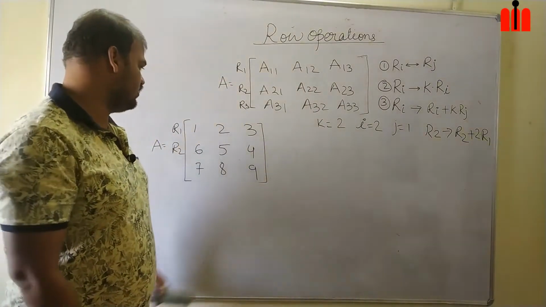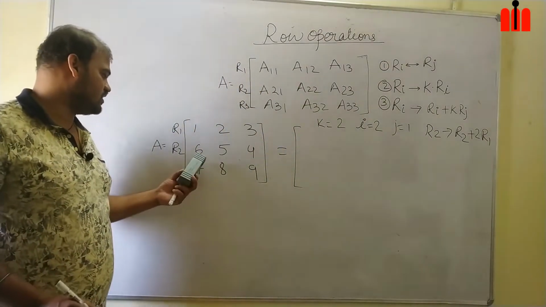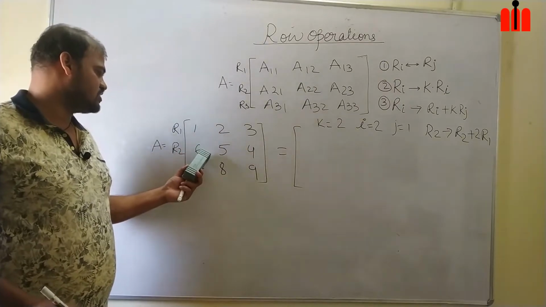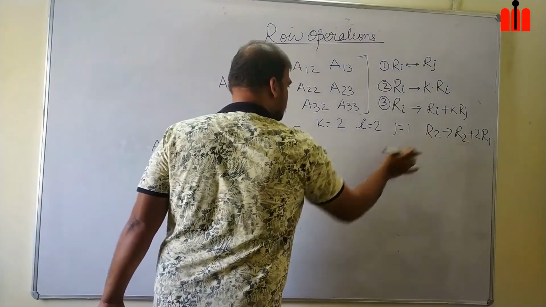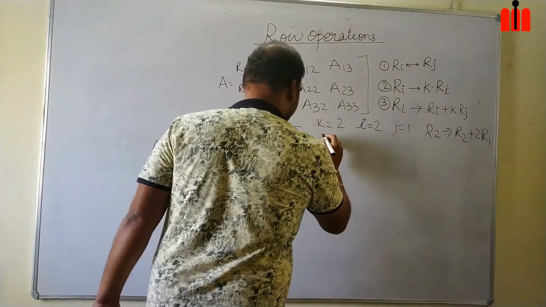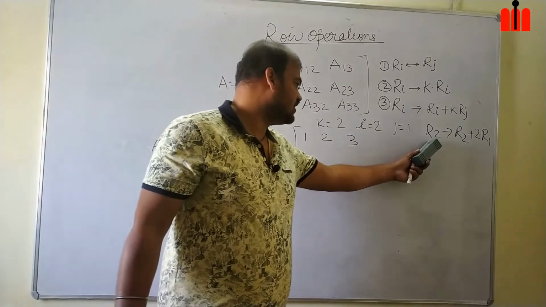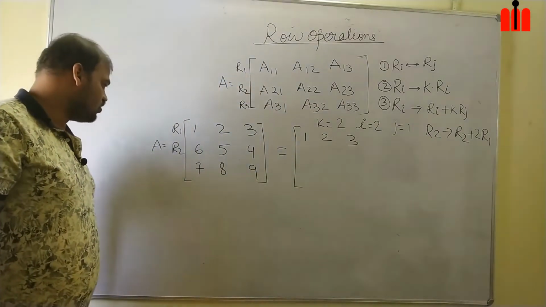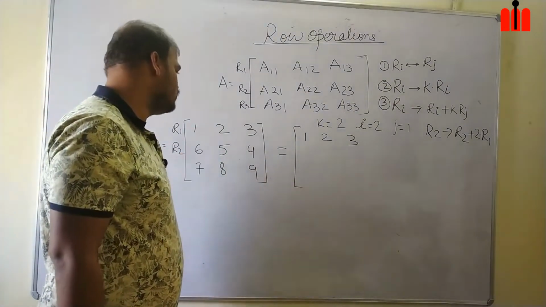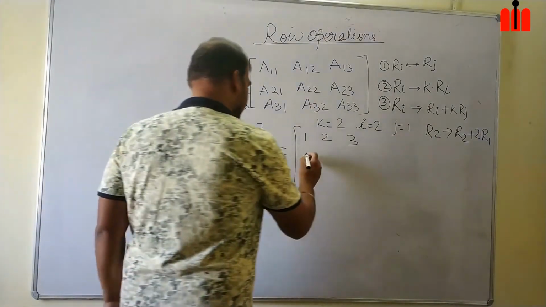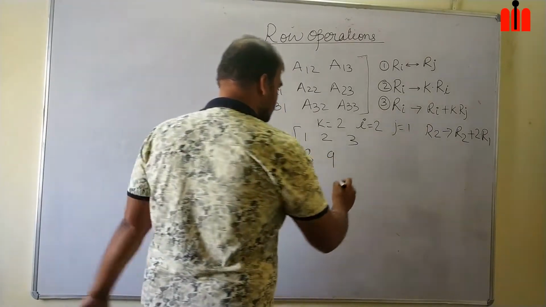The first row we are not doing anything, because this is all an operation on the second row, so the first row will be the same: 1, 2, 3. The change will be on R2: R2 plus 2 into R1. So 6 plus 2 into 1 is 8, 5 plus 2 into 2 is 9, 4 plus 2 into 3 is 10.